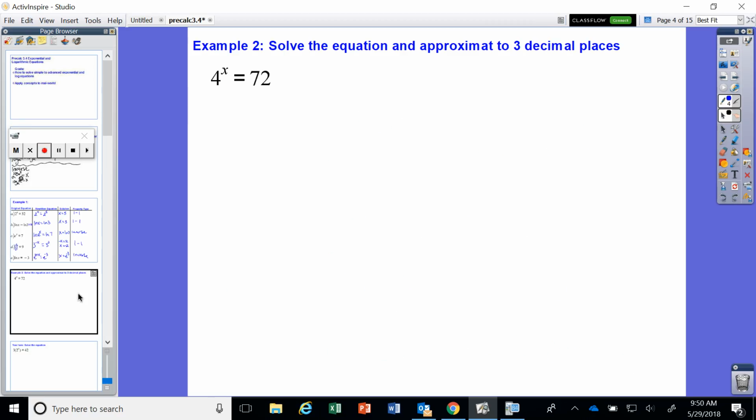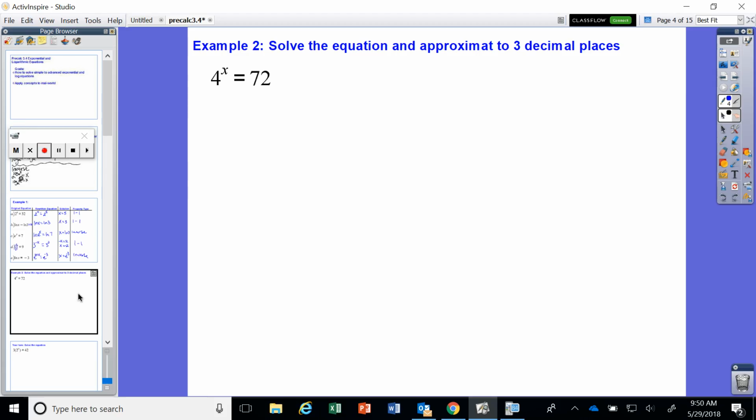Okay, so example 2: solve the equation and approximate to 3 decimal places. So we have 4 to the x equals 72. Again, we need to get x out of the exponent, so we have to use some of our inverse properties.